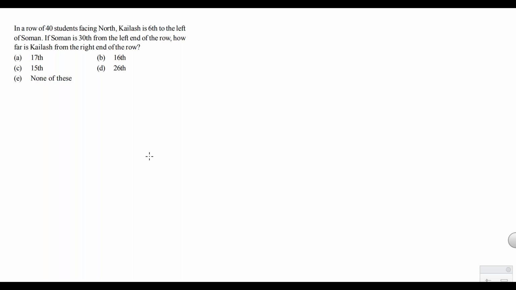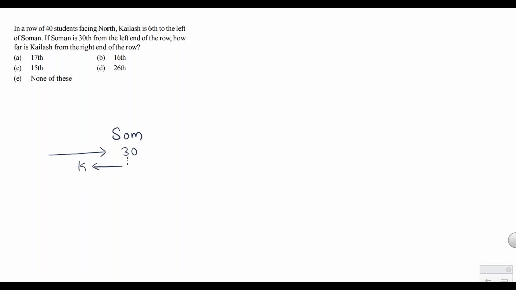Okay. In a row of 40 students facing north, Kailash is sixth to the left of Soman. If Soman is 30th from the left hand, and Kailash is sixth to the left of Soman, means Kailash is this side.